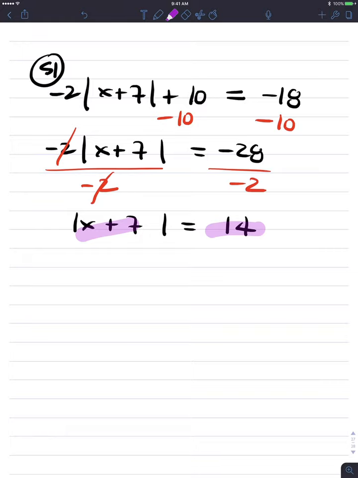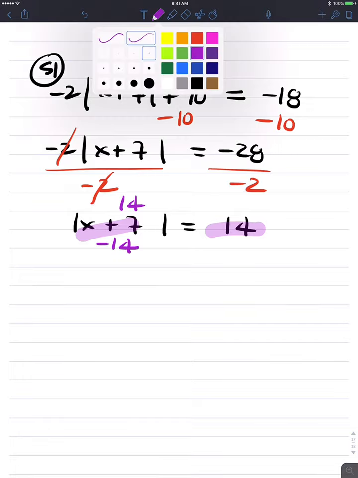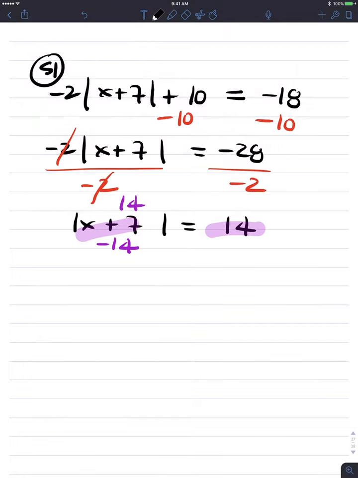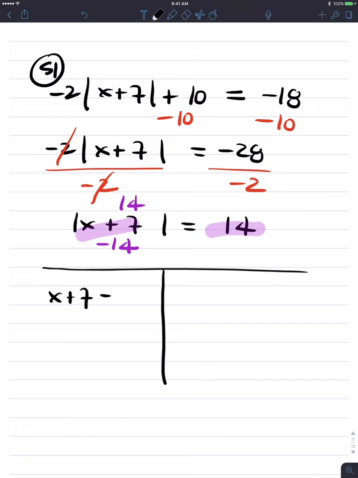x plus 7 is positive 14 in one case. x plus 7 is negative 14 in the other case, because the absolute value of both of these numbers is positive 14. x plus 7 is positive 14, or x plus 7 is negative 14.